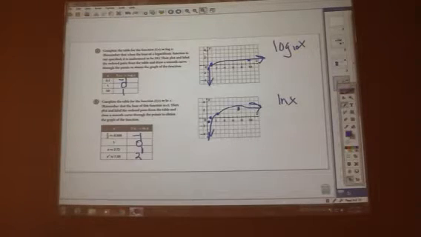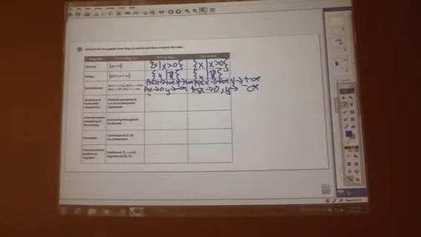Vertical asymptote at x equals 0. And what about this one? Vertical asymptote at x equals 0. There is not a horizontal asymptote. So vertical asymptote x equals 0. Horizontal asymptote, none.